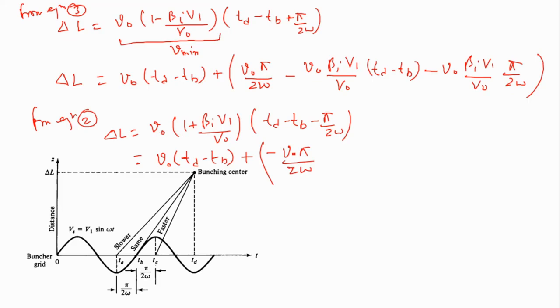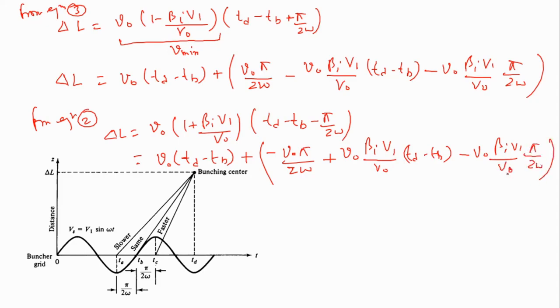Again, plus V0 into beta I V1 divided by V0 into TD minus TB. The next one is minus V0 into beta I V1 divided by V0 into pi by 2 omega.